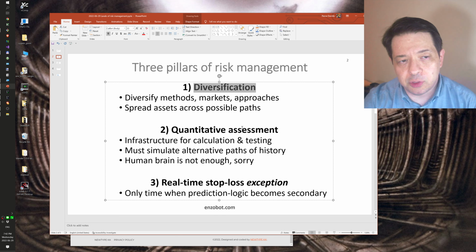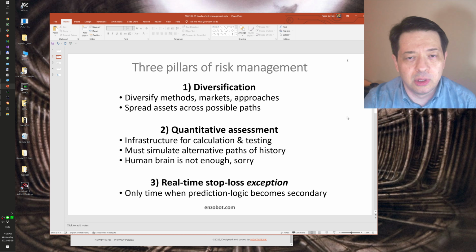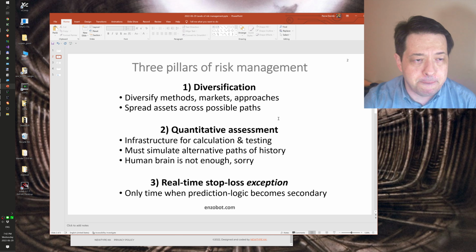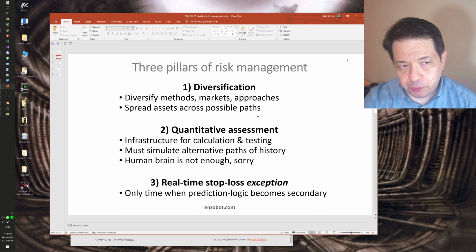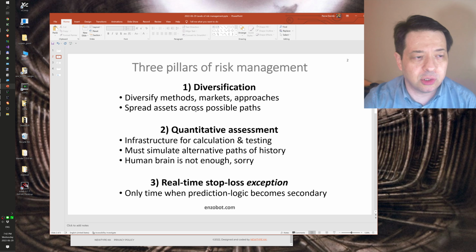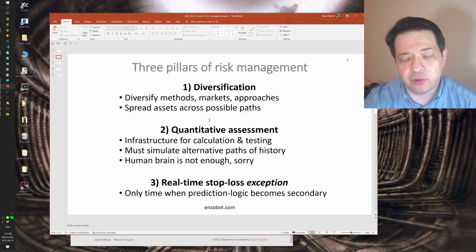Ideally, you don't want to be in a single market. You don't want to put all the eggs in one basket. You want to give chances to different kinds of markets. And then even within the same market, or in multiple markets, use different methods, different algorithms, approaches.